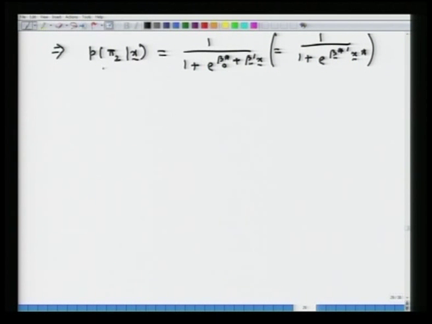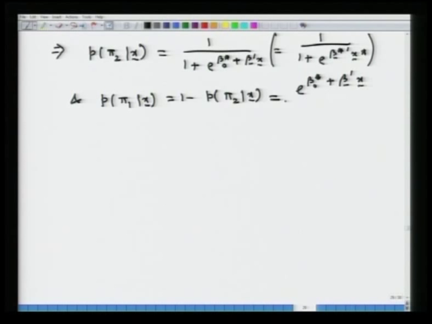So, when we have this posterior probability of the second population given x to be given by this, one can also see what is P pi 1 given x. That is going to be 1 minus P pi 2 given x, and from this expression that is just going to be equal to e to the power beta naught star plus this beta prime x, divided by 1 plus e to the power beta naught star plus this beta prime x quantity.